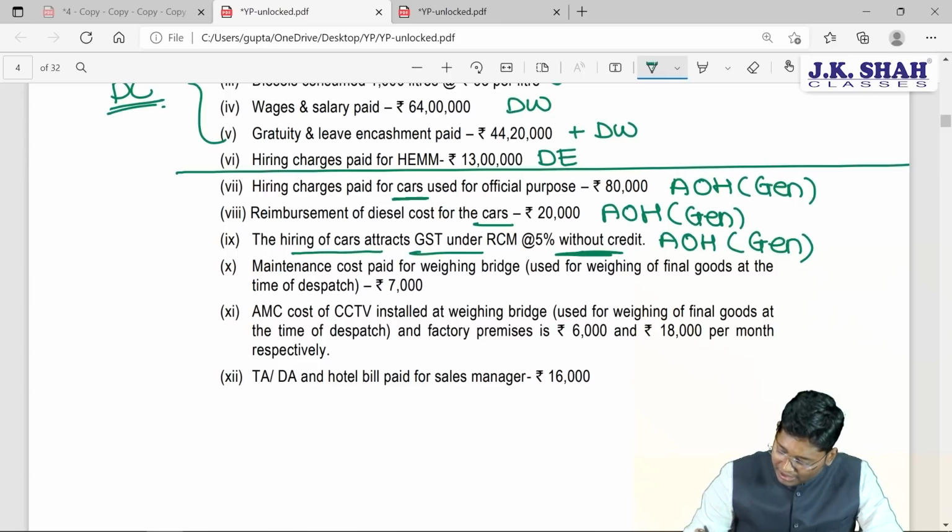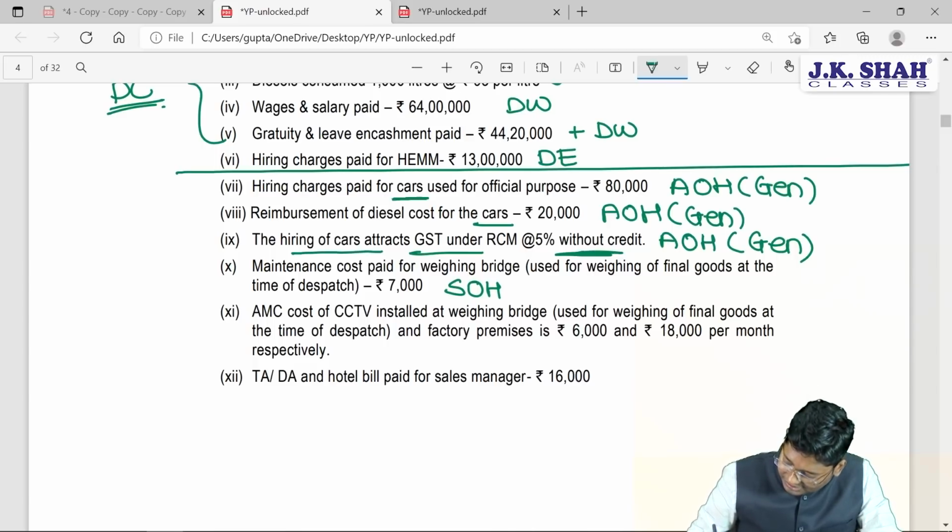Point number 10. Maintenance cost paid for weighing bridge used for weighing of final goods at the time of dispatch, 7,000 rupees. This 7,000 rupees maintenance cost is your selling overhead, which we are using at the final stage. AMC, annual maintenance charges: cost for CCTV installed in weighing bridge and factory premises is 6,000 and 18,000 per month respectively.